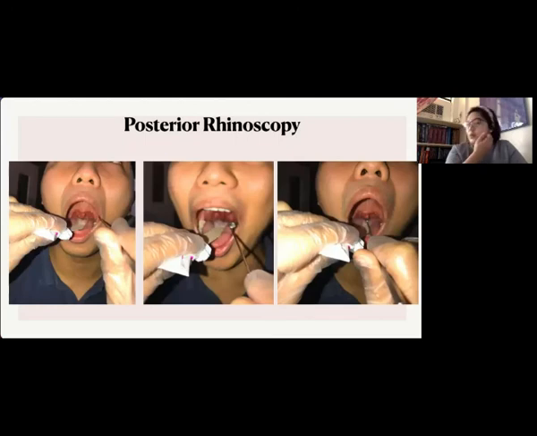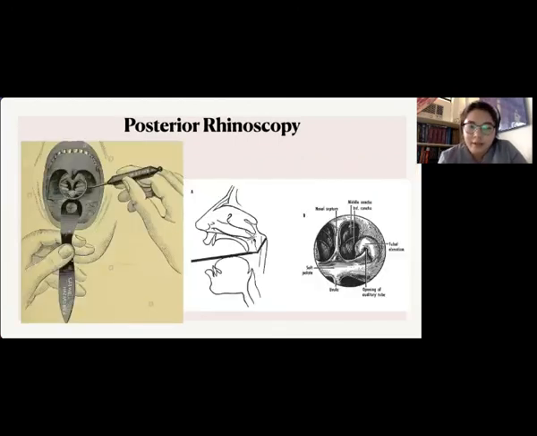What are you expected to see? You're expected to see this from the mirror: the septum, the soft palate, the eustachian tube opening, the tubal elevation, and the concha.